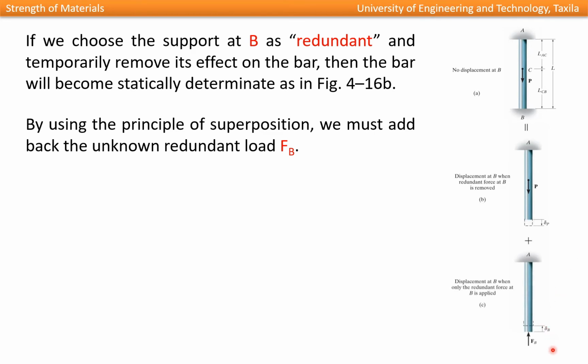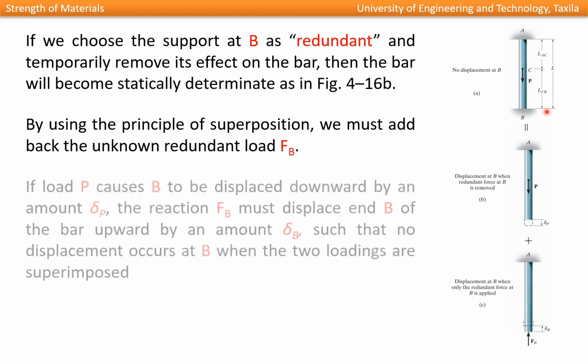In the next step we apply this removed force, the redundant force, back to the same structure. This force will produce deformation in its own direction, which is opposite to the previous one. According to the law of superposition, the displacement due to this redundant force plus the displacement due to the applied force must be equal to the displacement at B, which is 0 in this case.